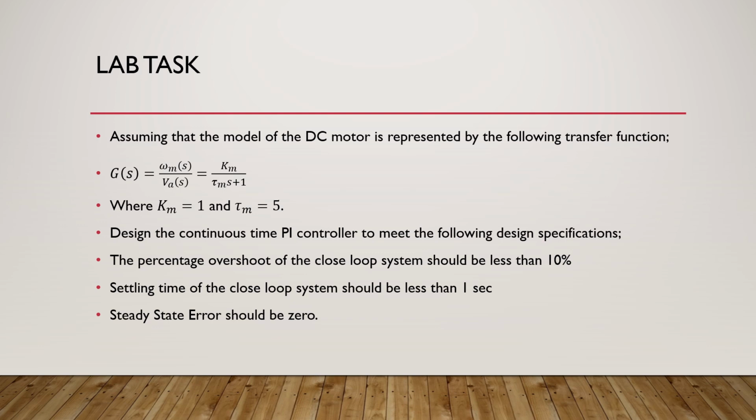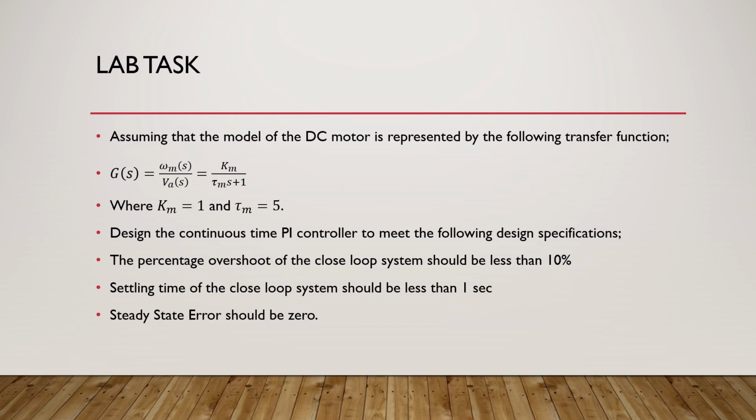By putting in these values, you get G(s) equals 1 divided by (5s plus 1). Then design the continuous time PI controller to meet the following design specifications. For this point, you can follow slide number 11, where the continuous time control system Simulink model is present. You can follow this Simulink model for this step.